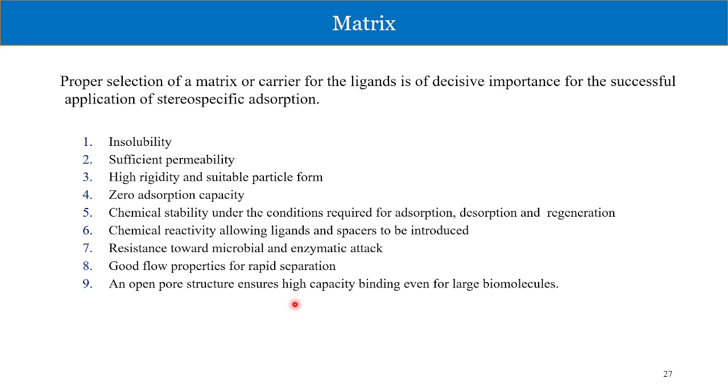It should be resistant to enzymatic or microbial attacks. It should have a good flow property for rapid, fast separation. And an open pore structure ensures high capacity binding even for large biomolecules, such that molecules of different sizes can be separated.